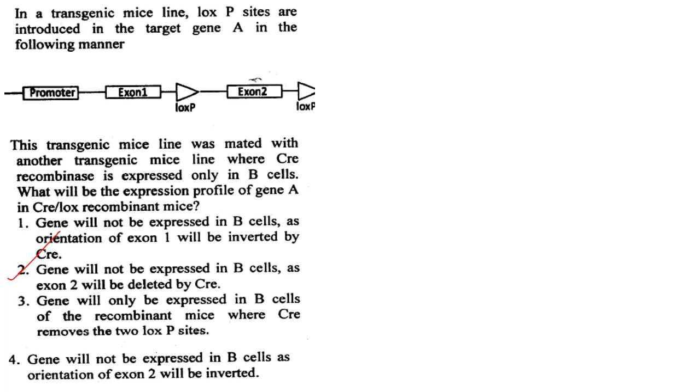So this particular transgenic line which has LOX-P sites was mated with another transgenic mice line which has Cre recombinase. What will be the expression profile of gene A in the Cre-LOX recombinant mice?